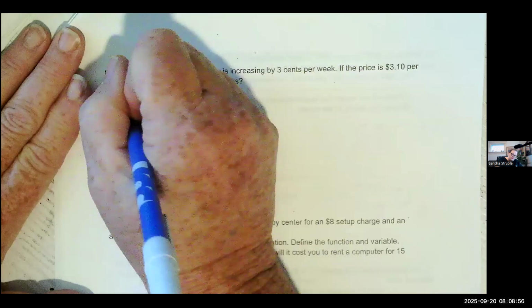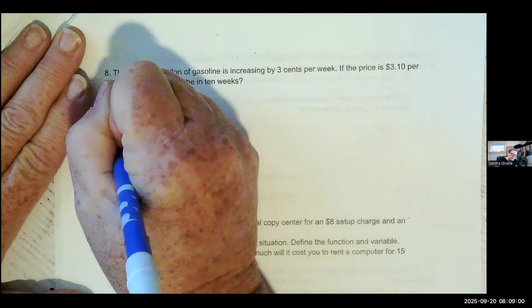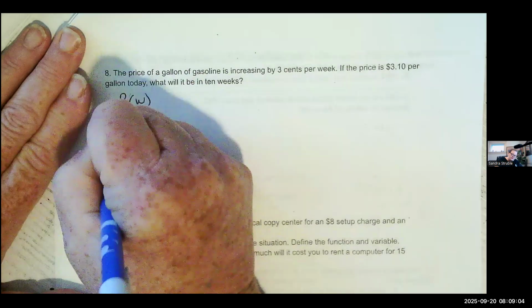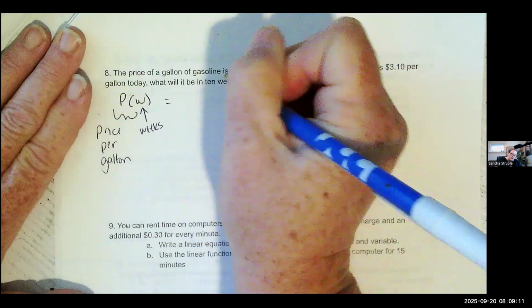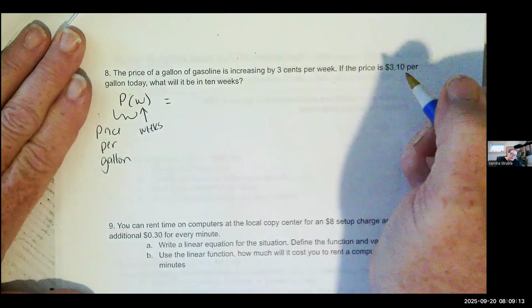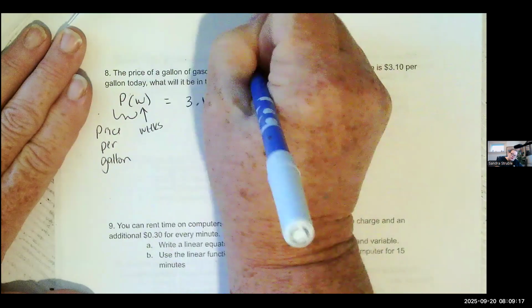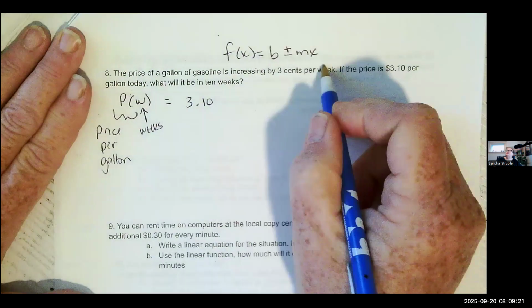So if I know the price based on weeks, this is price per gallon, and this is my weeks. I have an initial value of $3.10. Remember, I said to use this for your linear functions, especially with word problems.